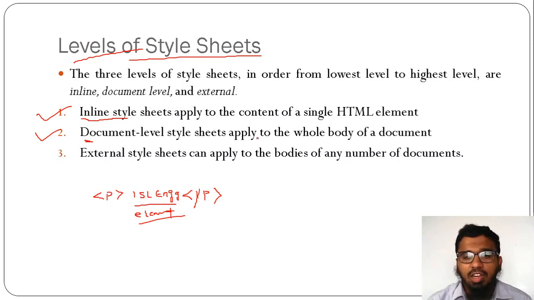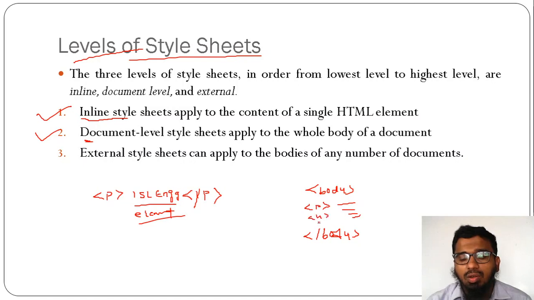A document level style sheet is applied to the whole body of the document. It will apply to the whole body, whatever content is there, like P, H1, B, whatever tags are under the body.